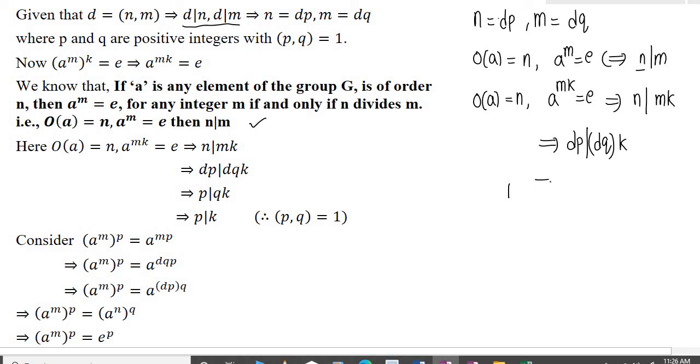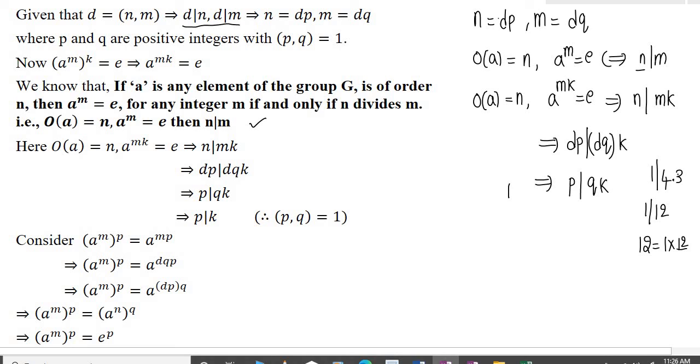So, d d is there. Cancel that d d, P divides Qk. So, observe here in the example what we have taken, P value is 1, Q value is 4. Here you can take any k. For example, I have taken 3. So 1 divides 12. Whether this is true or not, 12 can be written as first one into some integer, that is 12 only.